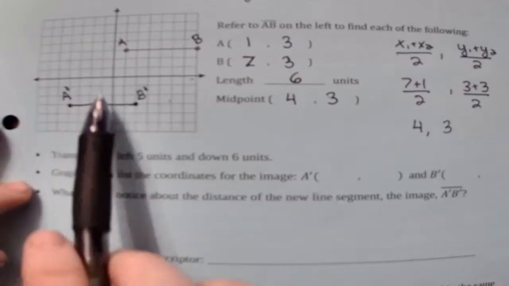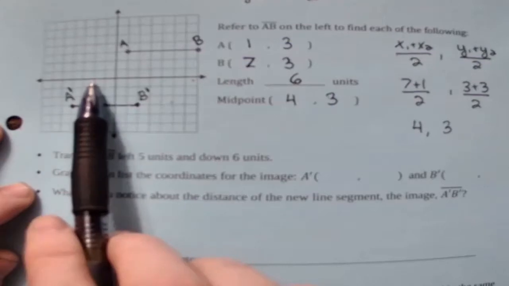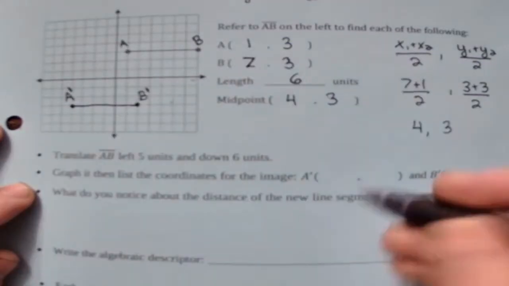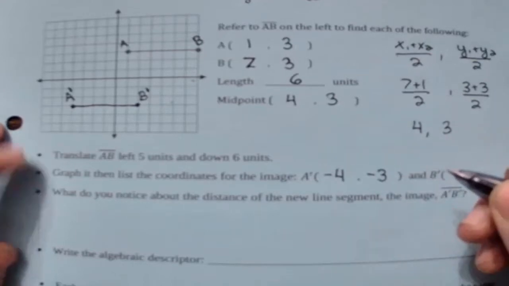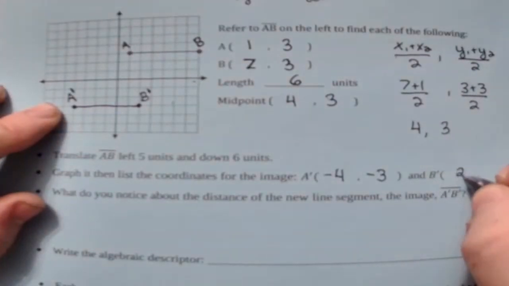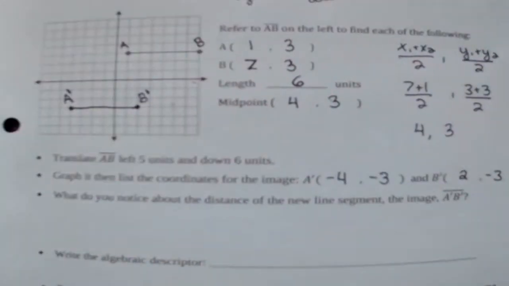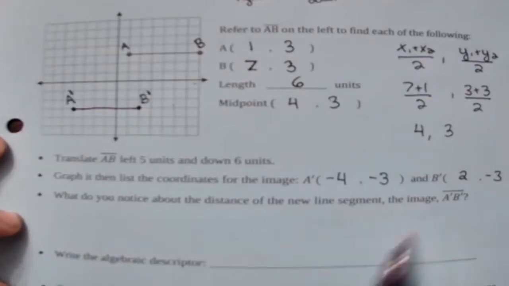So A prime is located at, it goes to the left, so negative 1, 2, 3, 4, negative 4, negative 3, because it went down 3. And B is at 2, negative 3. So that is where both of the new points are located. It goes on to say, what do you notice about the distance of the new line segment?